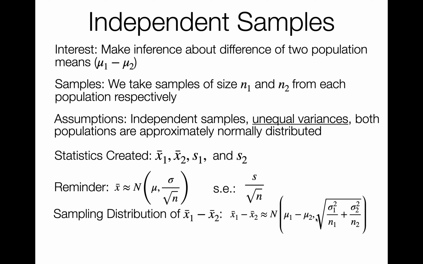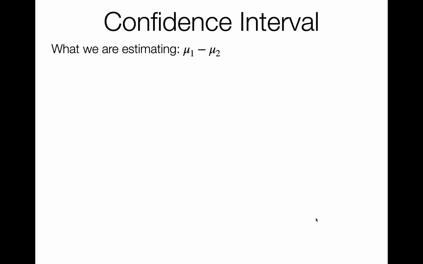Lots of formulas here that will be written down for you for the final, but important to remember these, or this general form. And so consequently, when you change sigma to s because you don't know sigma, the standard error is the square root of s1 squared over n1 plus s2 squared over n2.